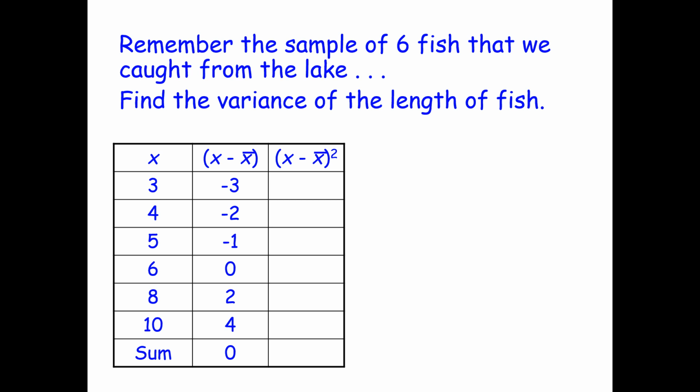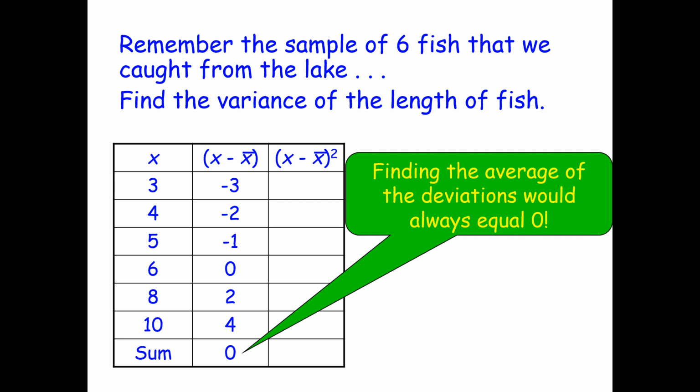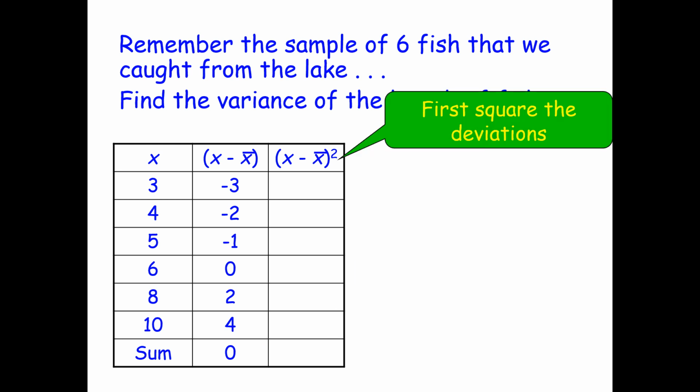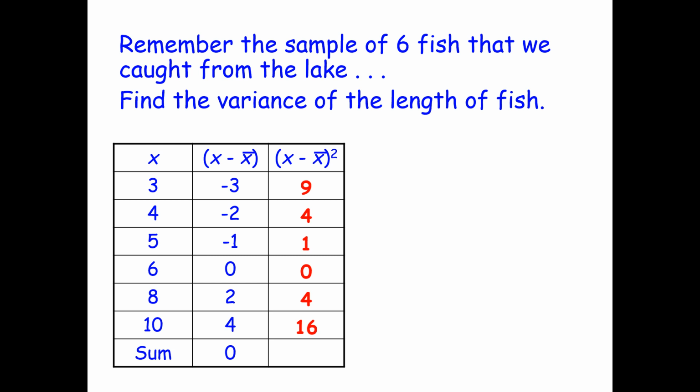Now again, remember the fish from our lake, our sample of 6. Let's find the variance of the lengths of the fish. We found those deviations, so now we're going to square those. Finding the average of the deviations would always equal 0. So if we find the square of the deviations first, then we get 9, 4, 1, 0, 4, and 16.